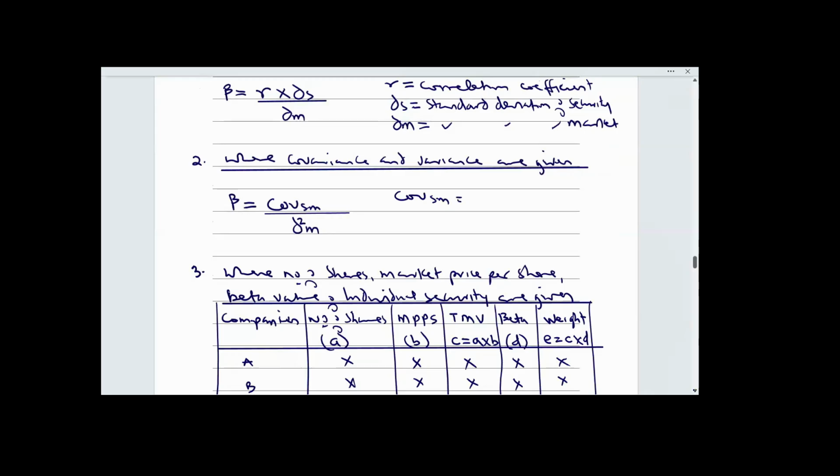This is covariance of the security with the market. Then DM squared simply means variance of the markets.